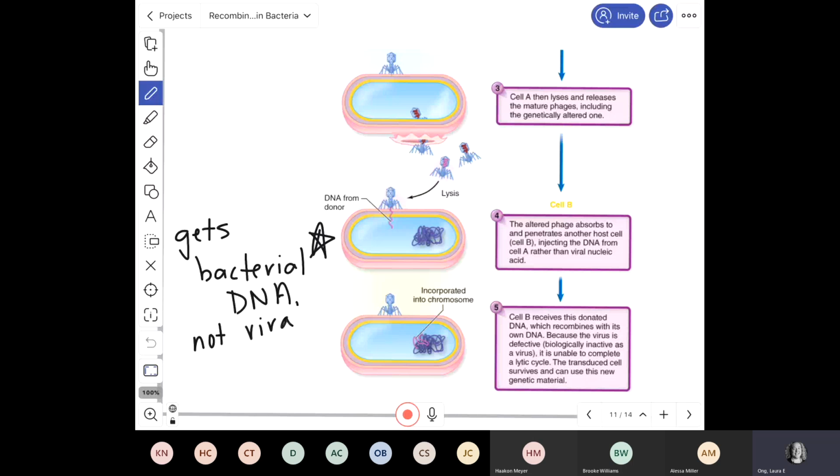So I like to think that this cell is doubly lucky. Number one, it didn't get infected by a real virus, so it's going to live, and that's already great. But that DNA that it got even has a slight chance of being helpful.